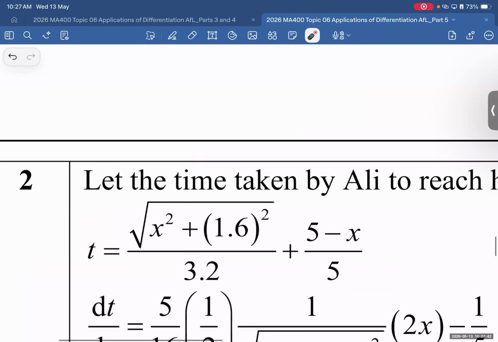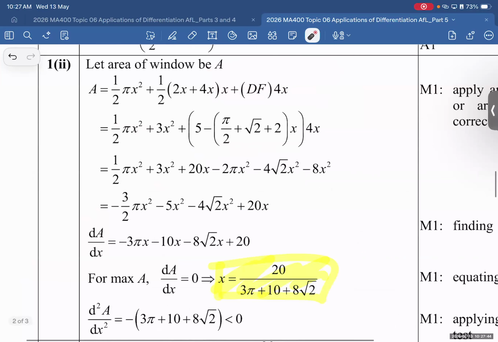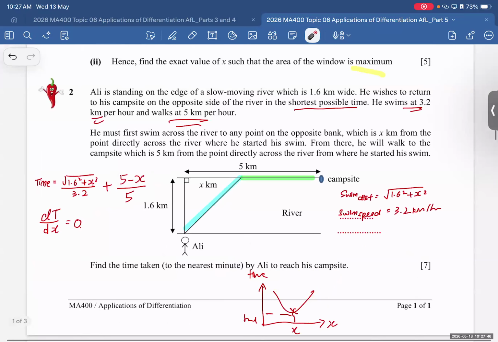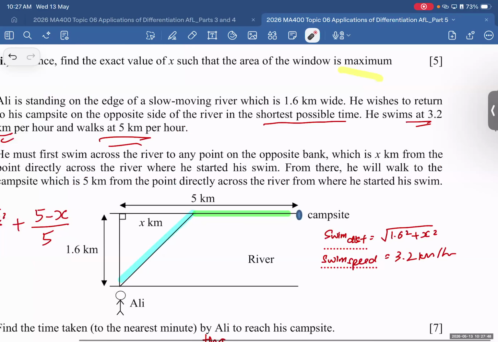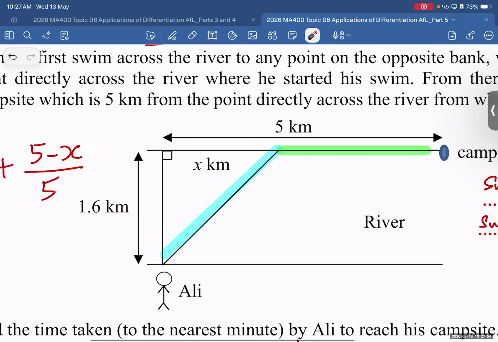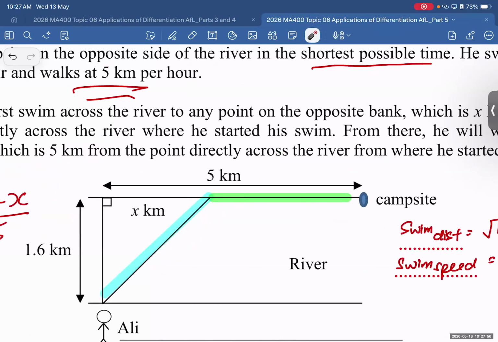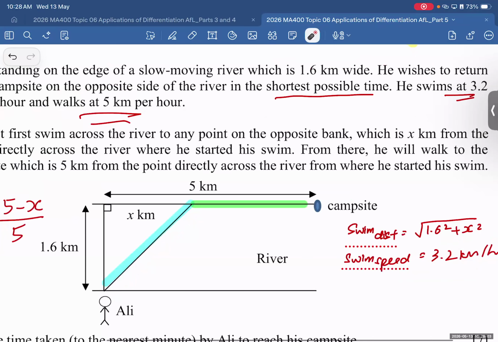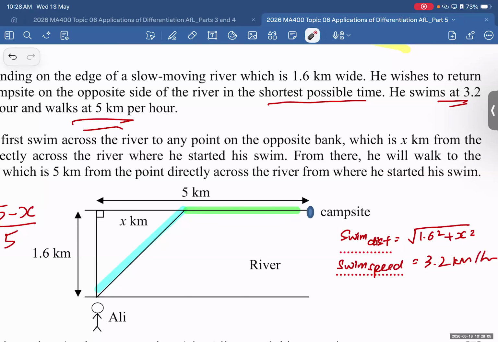Now, why do I say it's time? Because I want to minimize the time. So imagine from here to here. Blue is water, green is land. This is where I swim. I will not be swimming straight and then turn right.